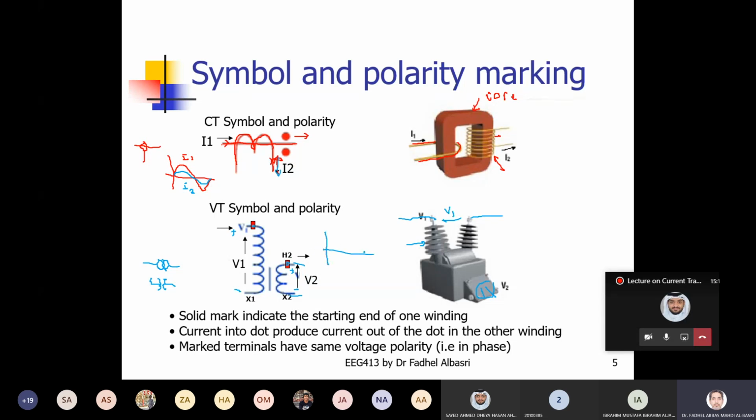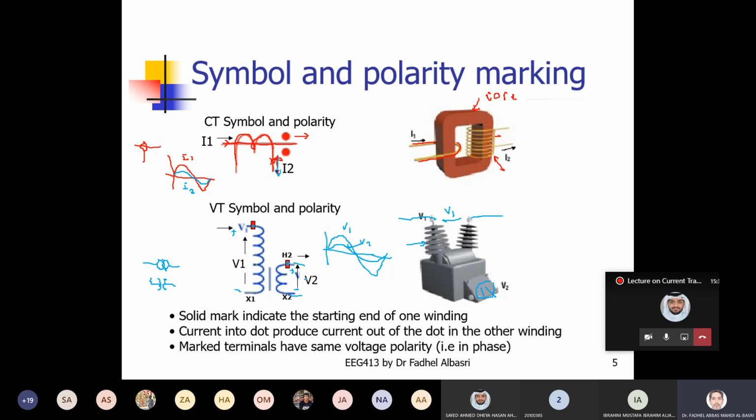So it is the same way, the polarity is like this for the primary V1, and V2 will be in phase in this case if you connect in this polarity. Okay, this is V2, they are in phase.